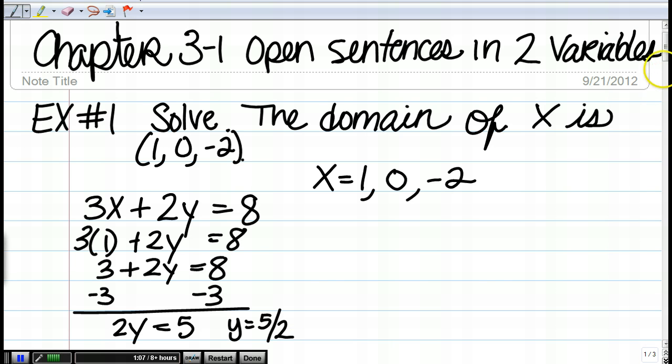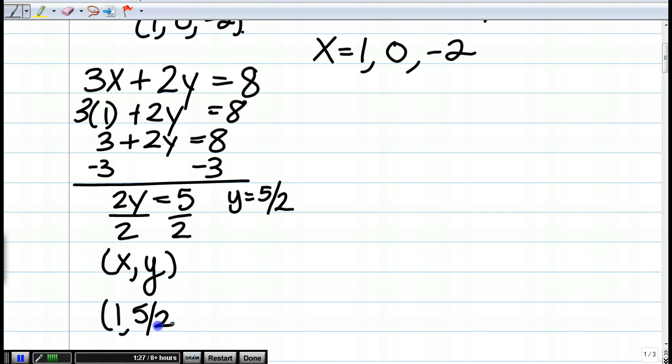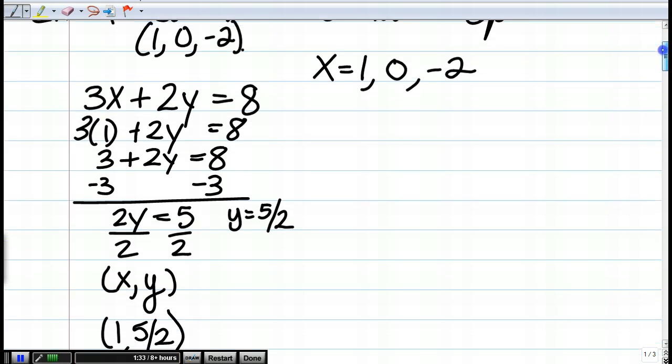When you write your answer, you can write your answer as a point. If you remember, points are x comma y. So x was 1, and when I solved, y was 5 over 2. And you would want to leave it as an improper fraction. I don't want decimals or anything like that.